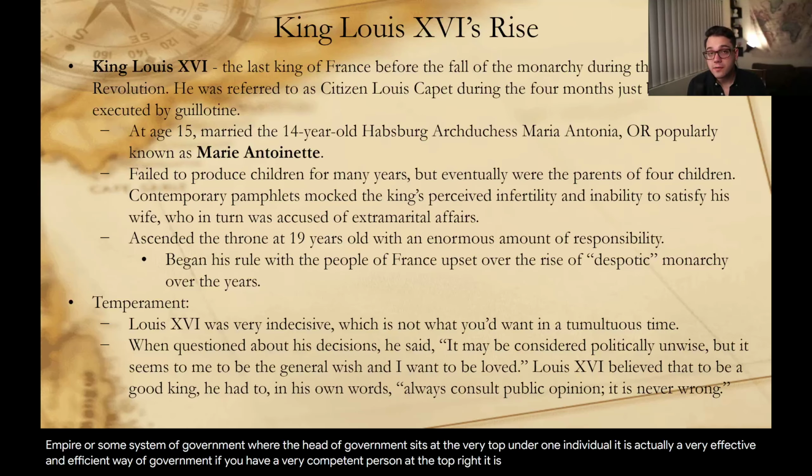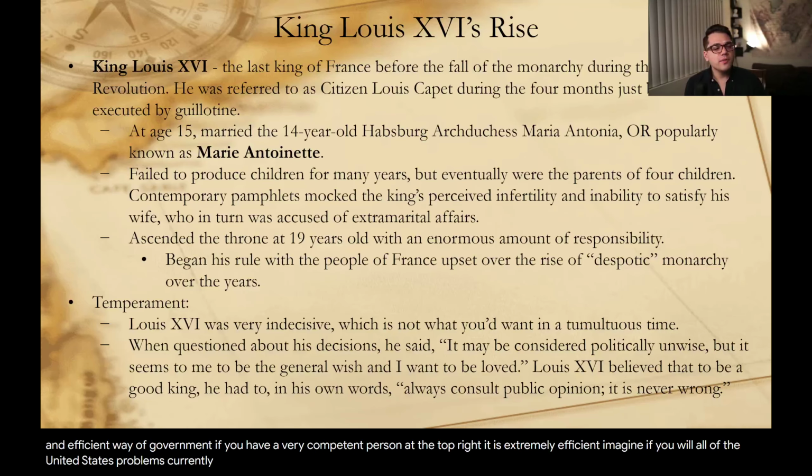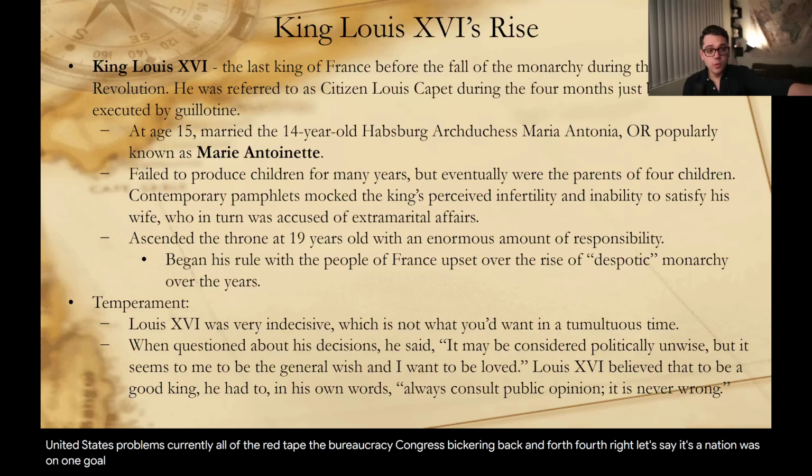It is extremely efficient. Imagine, if you will, all of the United States problems currently, all of the red tape, the bureaucracy, Congress bickering back and forth, right? Let's say if the nation was on one goal, one mindset, the things we could accomplish.